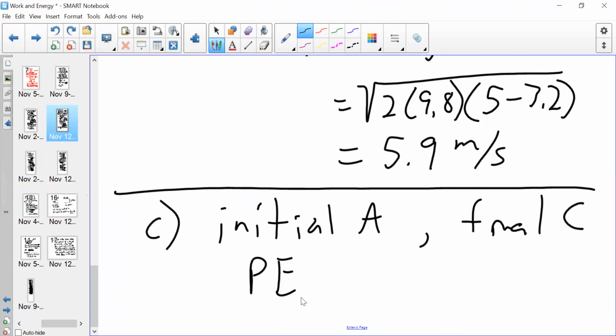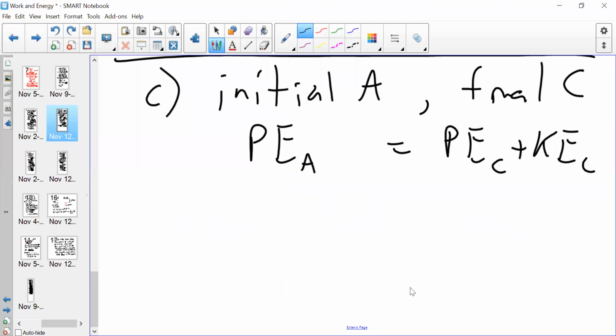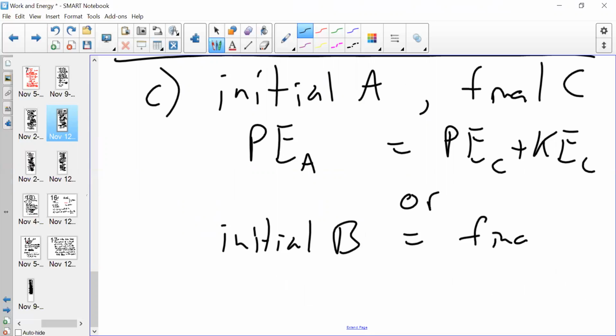So at A, it's all potential. And then at C, it's potential and kinetic. It's the same logic as before. Or like I said, you could choose my initial as B and final at C, but at B I have both.